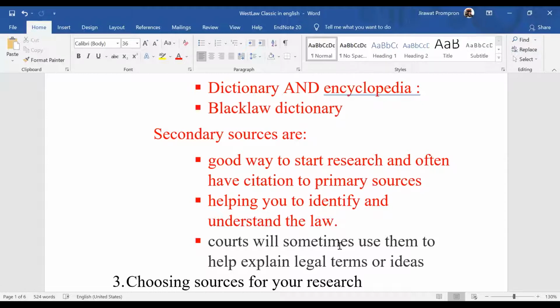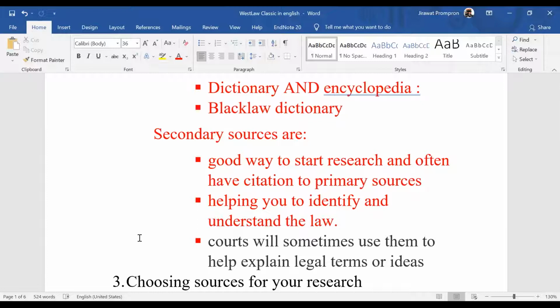You don't know about the statutes related to this kind of topic. So journals or law reviews will lead you to the primary sources cited in those articles.